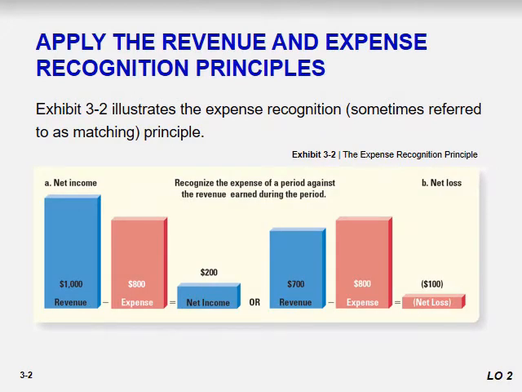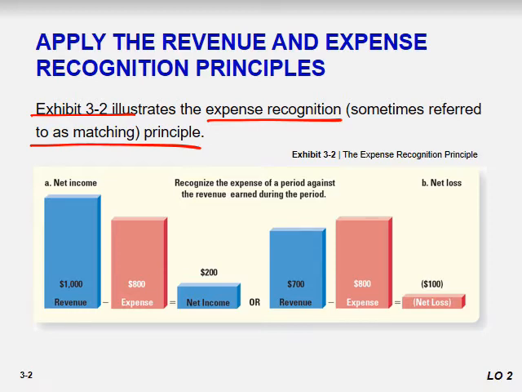So here comes the exhibit 3.2, which illustrates the expense recognition, sometimes referred to as the matching principle. So some expenses are paid in cash, other expenses arise from using up assets such as supplies. Still other expenses occur when the company creates a liability, right?